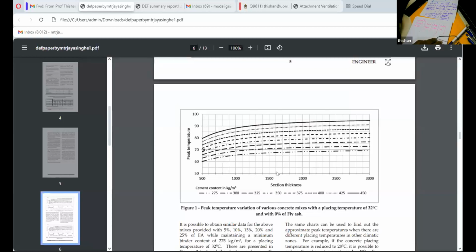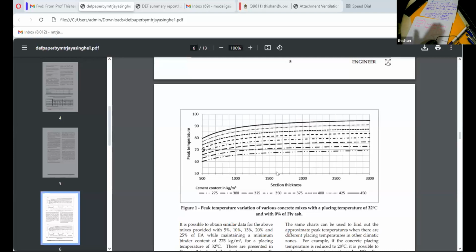So just by looking at this chart, the moment you know the cement content, you can say at which temperature you have to place the concrete. Now, can you understand how to use this chart? Yes, I understood. The moment you know the cement content and the size of the member, you can decide the placing temperature, or when you know the placing temperature, you can decide the size of the member.